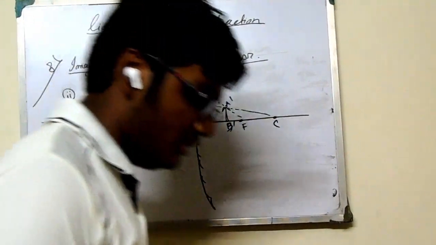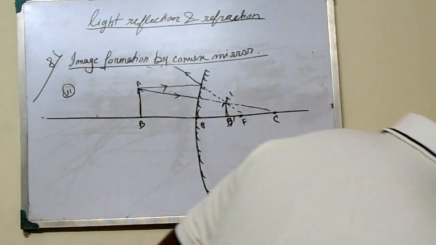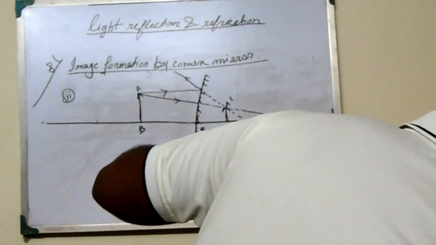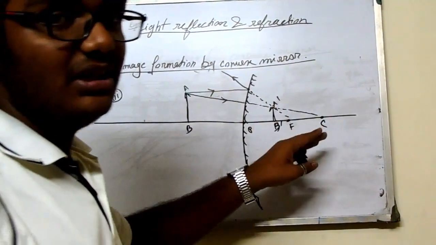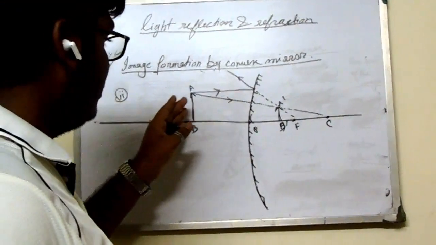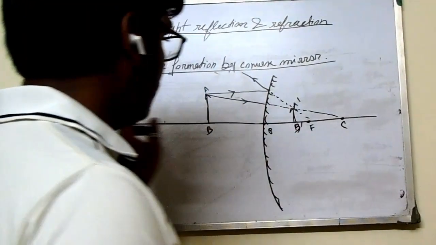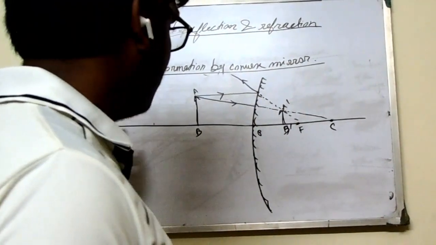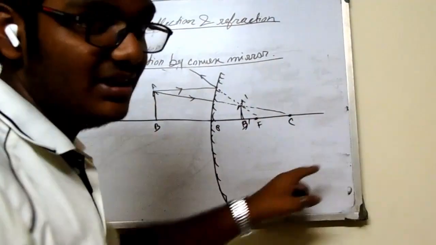Position of the image: between P and F, that is behind the mirror. Here it is not given, the position of the object, because it is not required, as I have told why. There are no P, F and C on the left hand side; on the right hand side they are there.